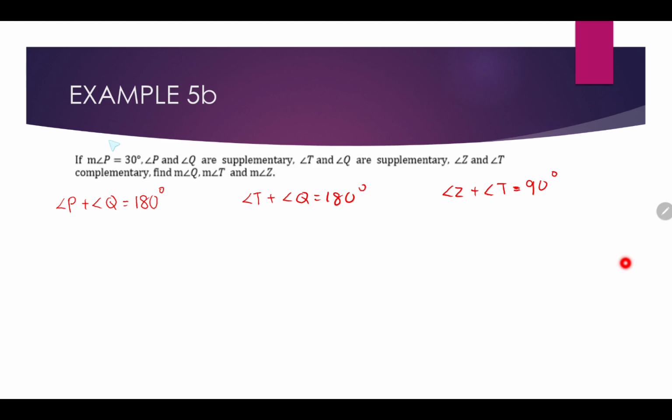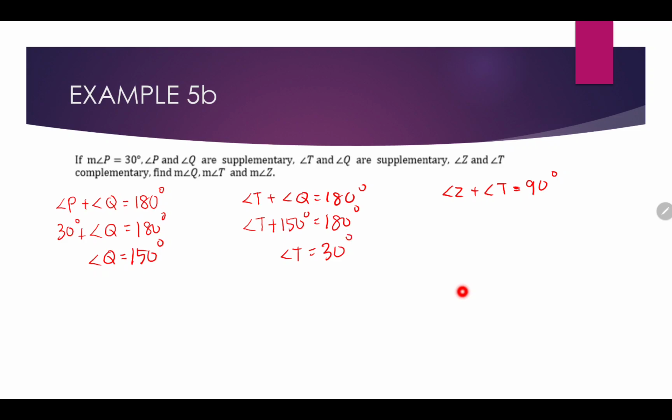Okay, so you are given the measurement of P equals 30. So kita insert 30 kat sini. Plus Q 180. So meaning that angle Q is 150. Okay. And then we got angle Q tadi. So kita boleh cari angle T. So angle T equals 30 degrees.